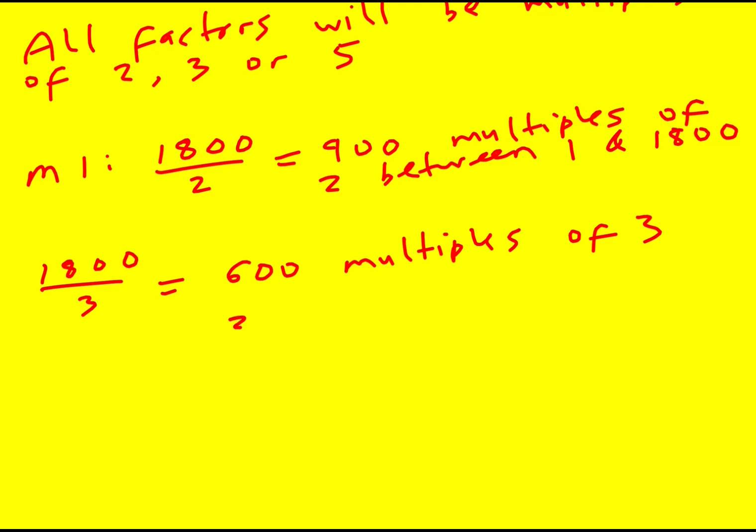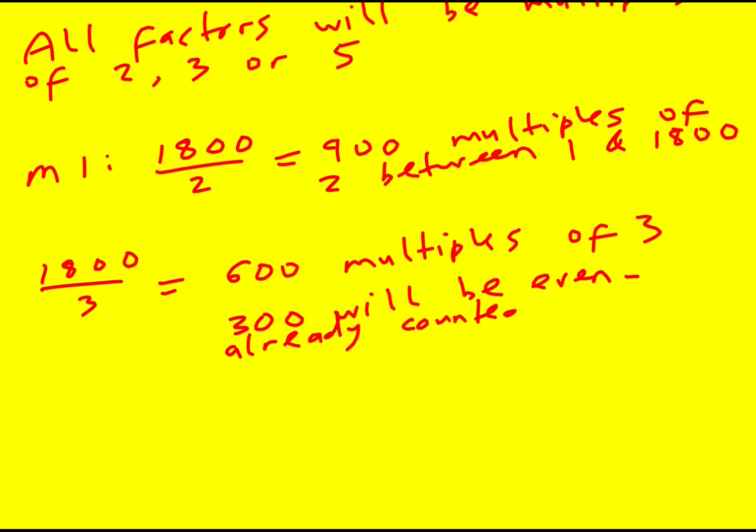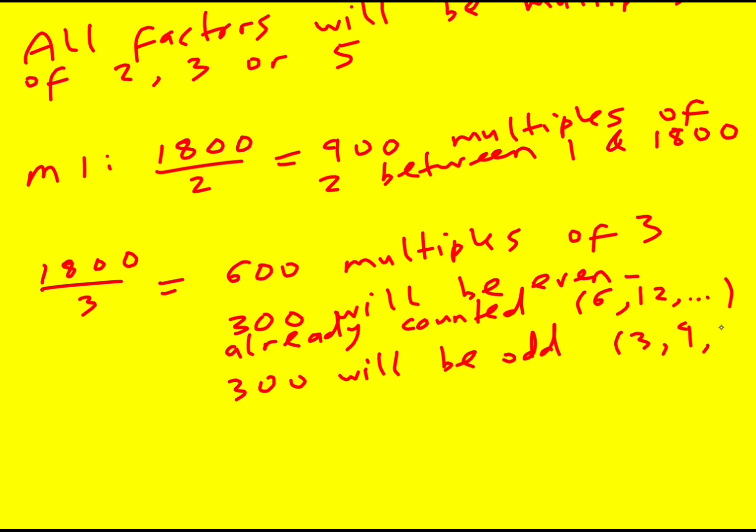So 300 will be even, and we've already counted these. 6, 12, etc. So 300 will be odd, and we've not counted these yet. That's things like 3, 9, 15. Okay, so I'm going to add that on.